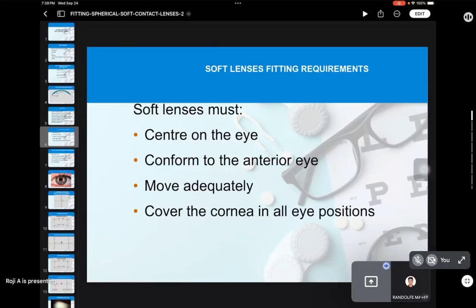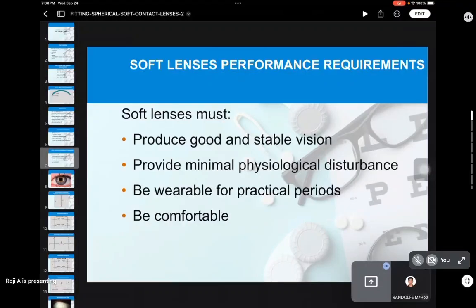Not extremely loose that it's moving a lot, but adequate. It covers the cornea in all eye positions. Such as, if you would notice, a soft contact lens has a diameter of 13 all the way to 15, then it must cover the cornea in all eye positions.